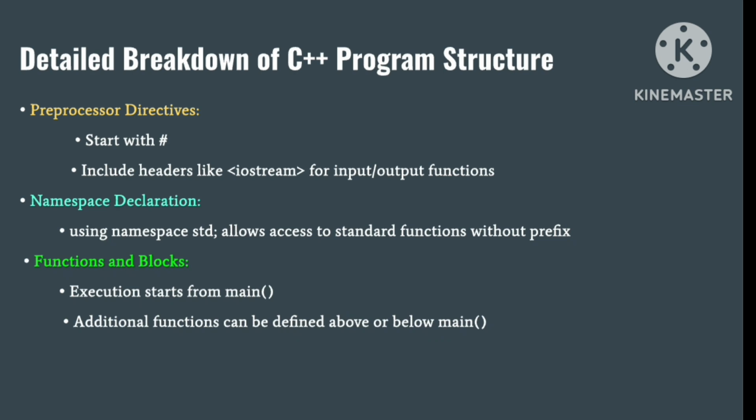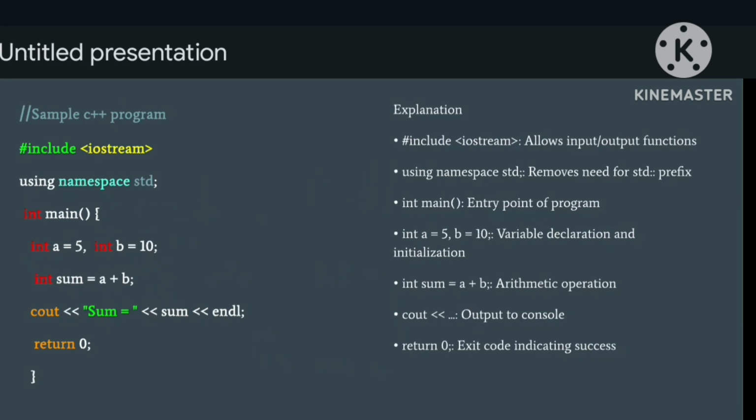All execution starts from the main function, and additional user-defined functions are always written below the main function, but they get called only from the main function. They do not get called by themselves. So let's move to the next.